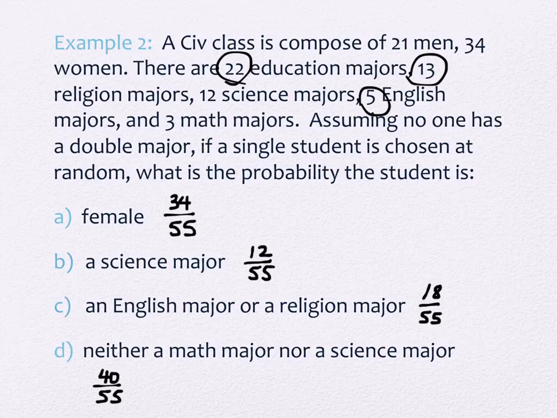Would it have been practical to use a different way, perhaps? Yeah, it might have been. So it's good to be aware that there's more than one way to solve problems sometimes, because sometimes the way you think to solve it might be a lot more complicated than if you stop just a little bit to think, is there a better way to do this? All right, 40 out of 55, though, does reduce to 8 over 11. All right, any questions on that one?